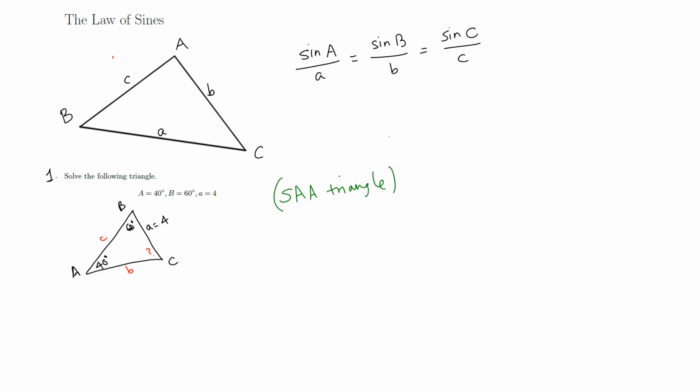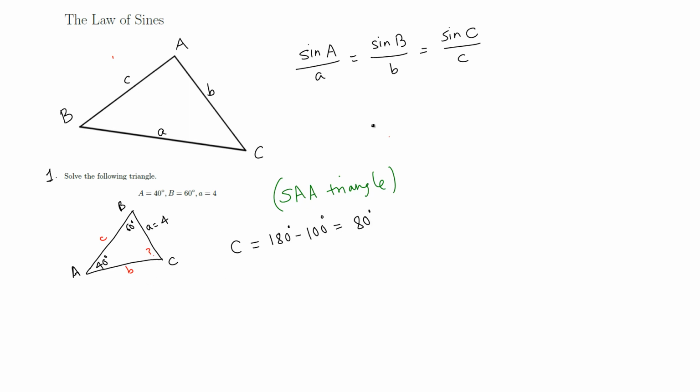Since 2 angles are given and we know the sum of 3 angles is 180, we can easily find C. So C will be just 180 minus the sum of the other 2 angles, 40 plus 60 is 100, so that's 80 degrees.